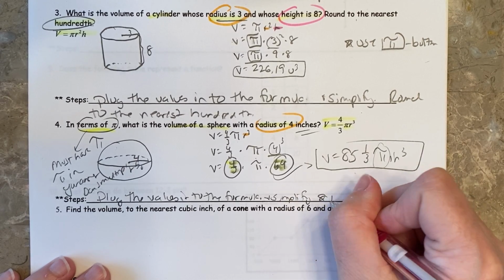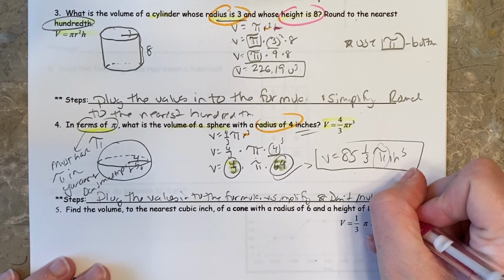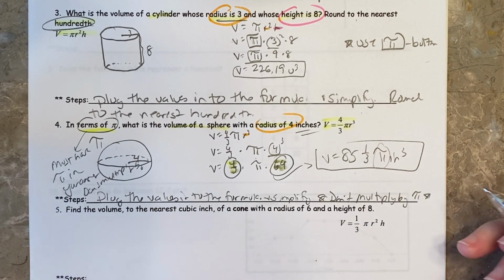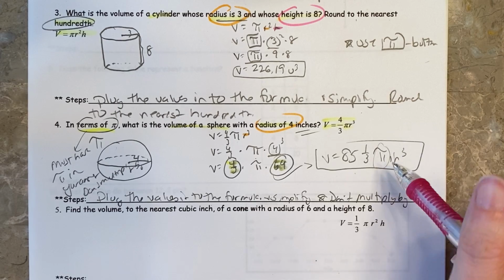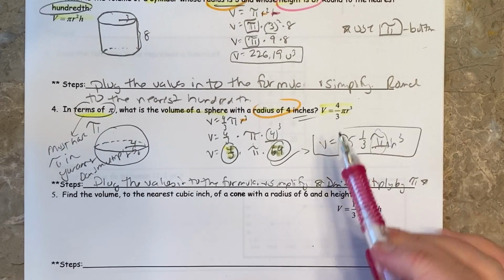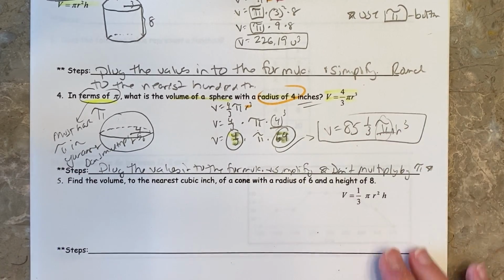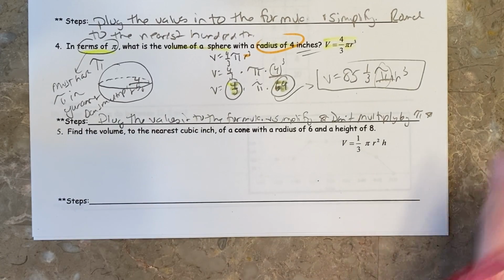And then I'm going to write don't multiply by pi. That's really the most important thing, is you don't multiply by it. It has to be in your answer. And notice we didn't round, we just left it with what we had.